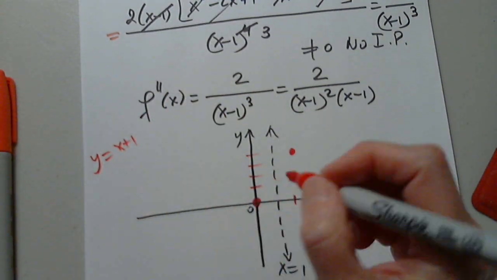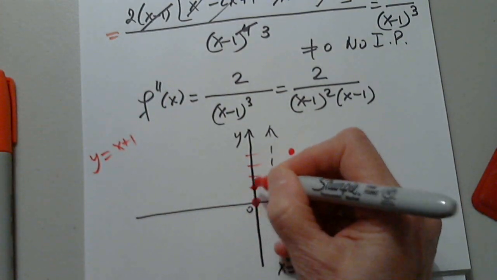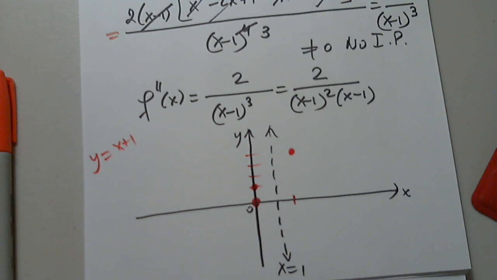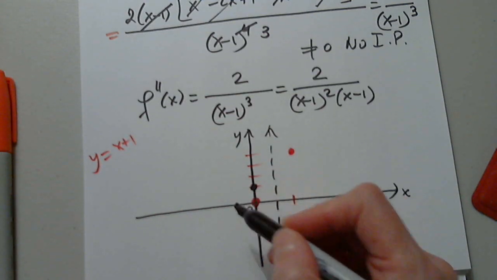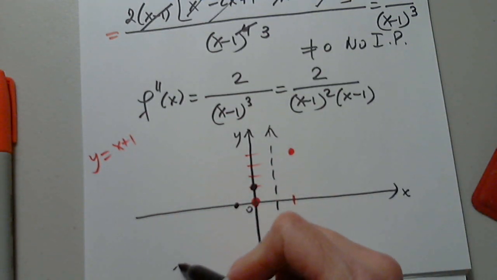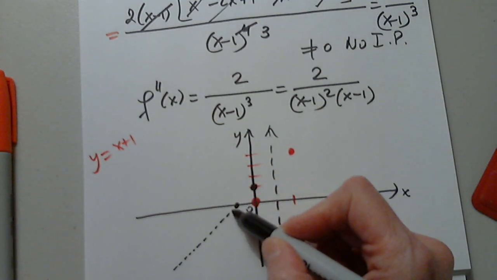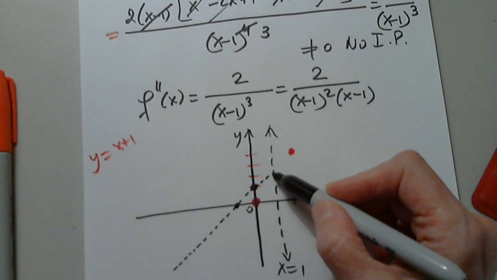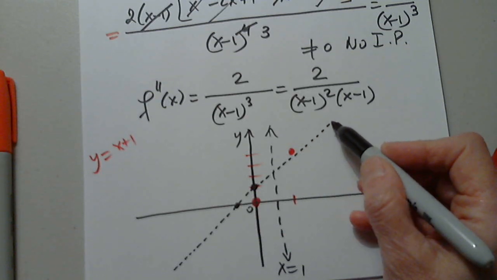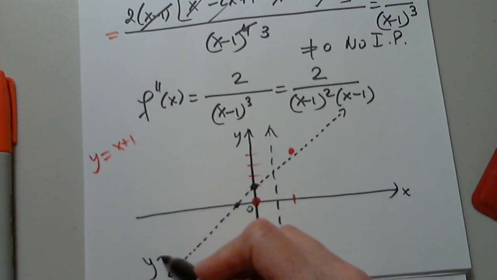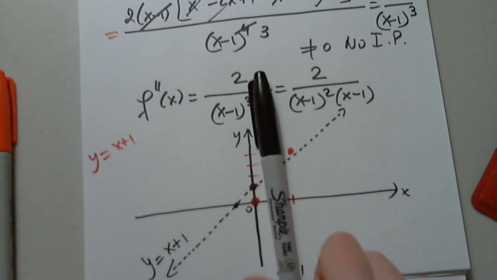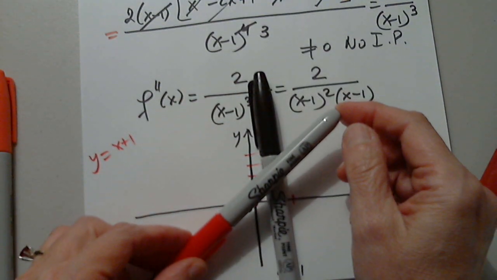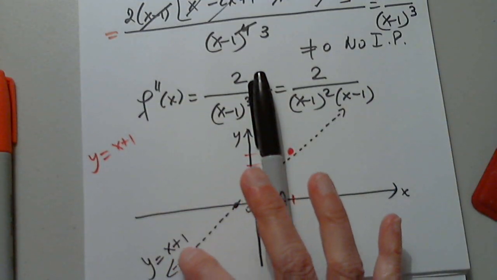When x is 0, y is 1. Let me use a different color on this. And when y is 0, x is negative 1. So we have a vertical asymptote x equals 1, and we have a slant asymptote y equals x plus 1.